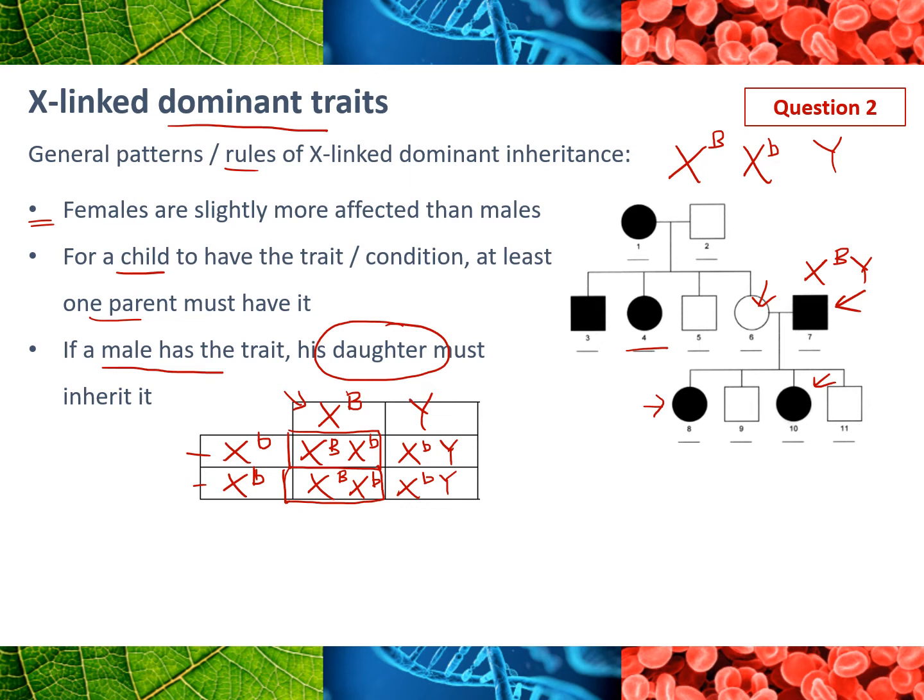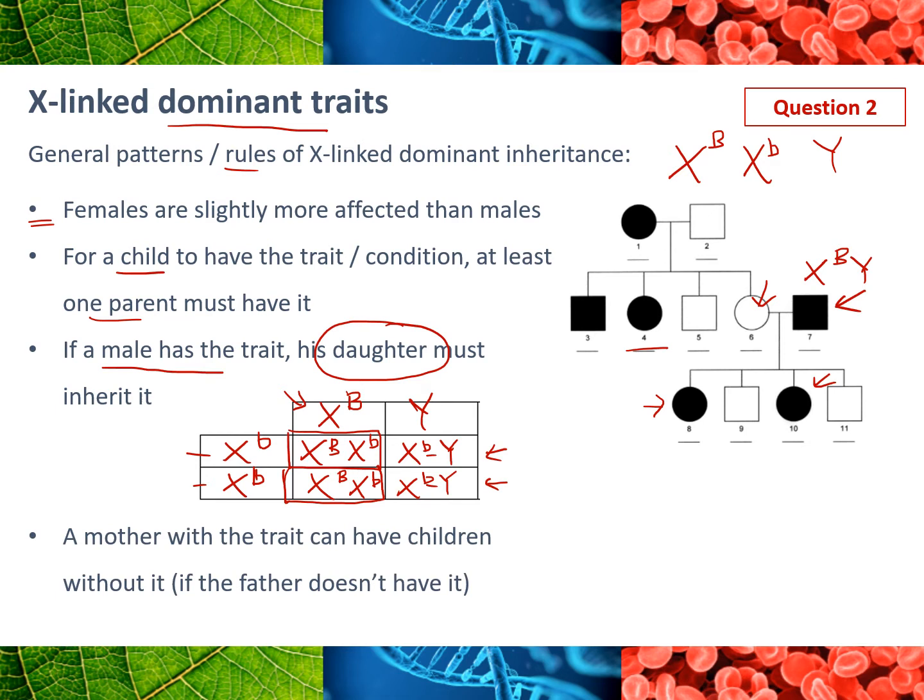Whereas the sons, you'll see they both end up being recessive because they got the Y chromosome from their dad. The sons can only inherit a Y chromosome from their dad, and that doesn't carry the trait. So they got the Y chromosome from their dad, and then they got the recessive allele from the mum. So the sons are unaffected. So that is a rule, and I want you to try and explain it using some of those terms.